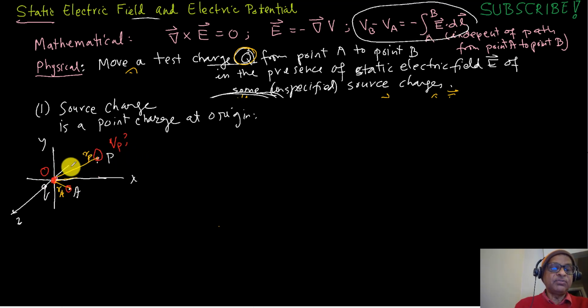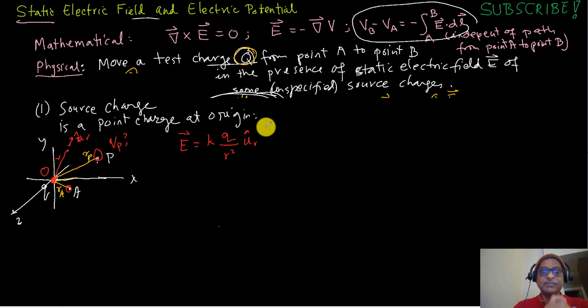The electric field at any arbitrary point at distance r from here is simply kq over r squared, times u hat r, the unit vector in the radially outward direction. So this is the electric field.